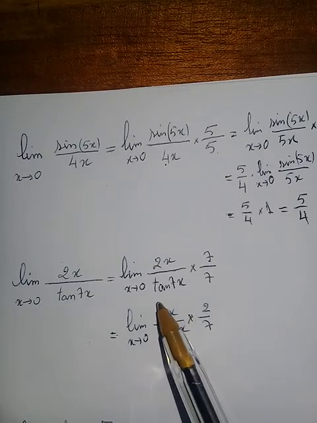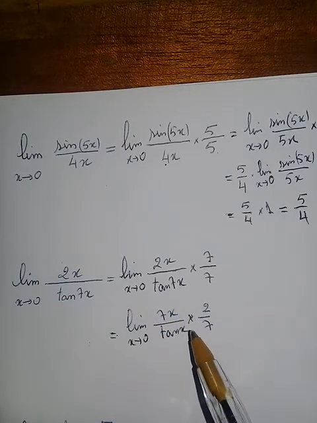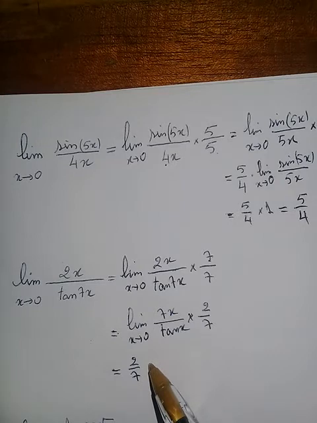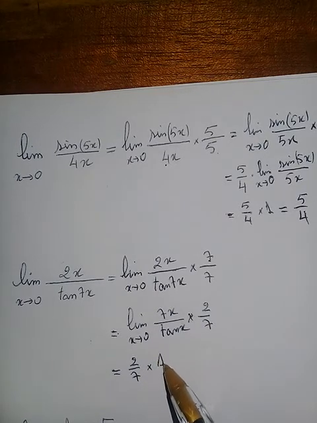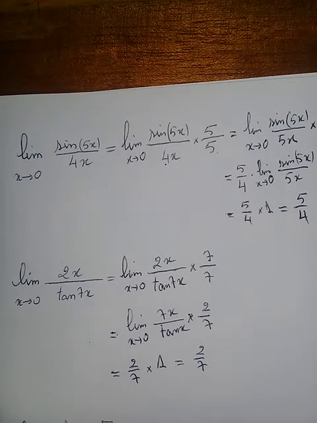This limit is 1. I take this 2 over 7 out, so it's simply 2 over 7 times 1, which is 2 over 7.